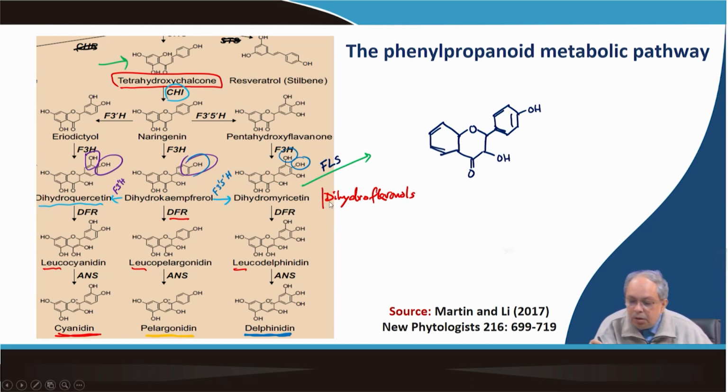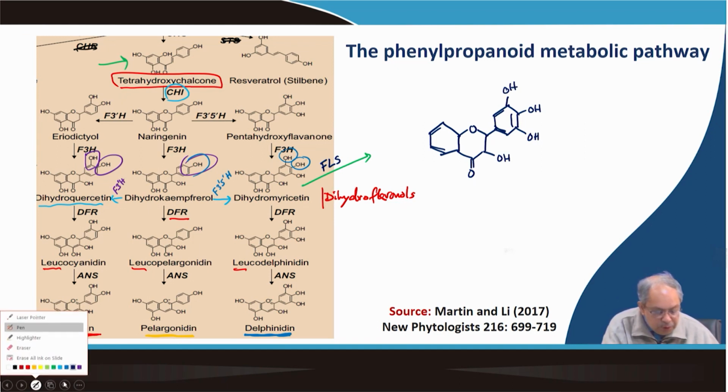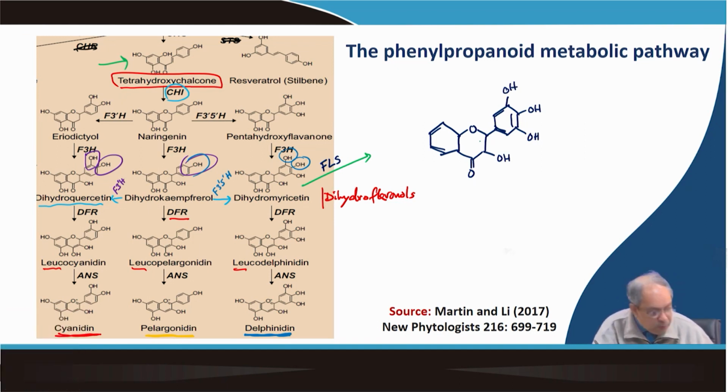So, this structure is dihydromyricetin. When it becomes myricetin, there will be only one bond formation here.